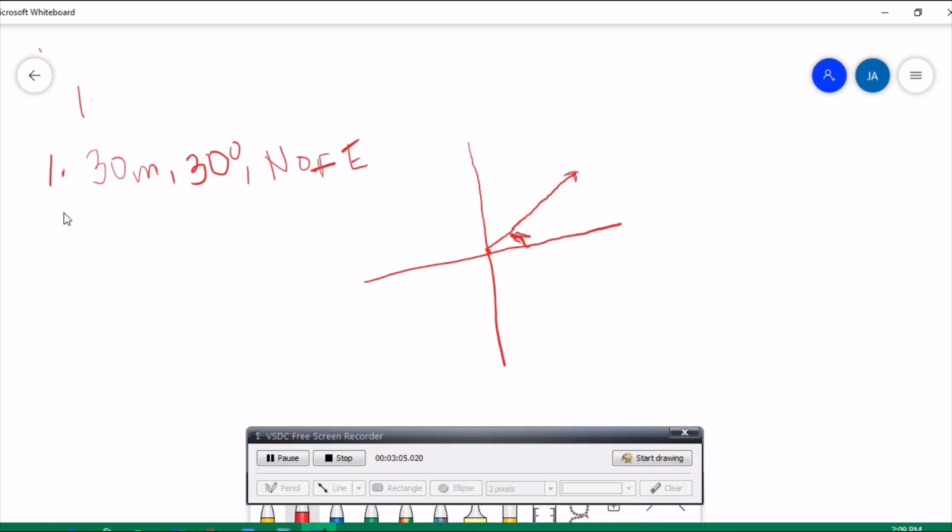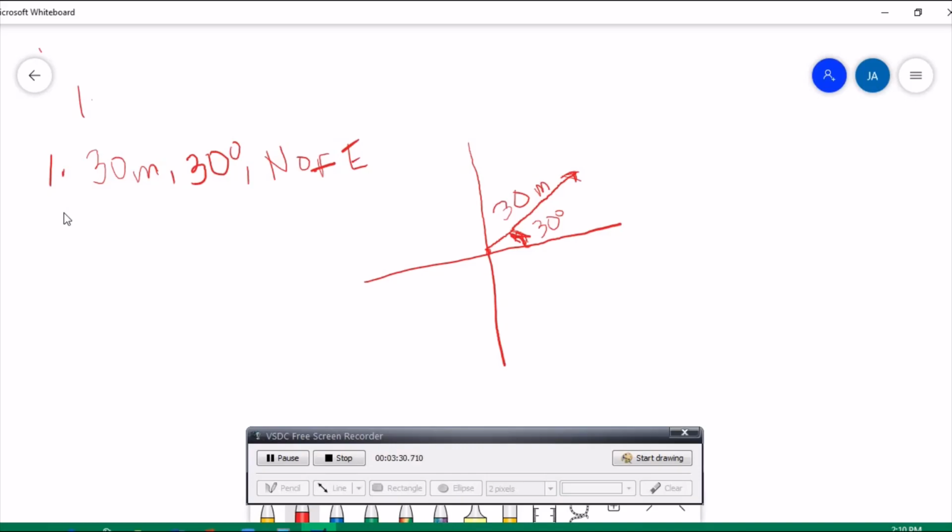Okay, and then since it's north of east, the angle will be placed here. That's 30 degrees, no? So that's 30 meters, and this is 30 degrees. Therefore, the graph of your vector is like this. That's 30 meters, 30 degrees north of east.